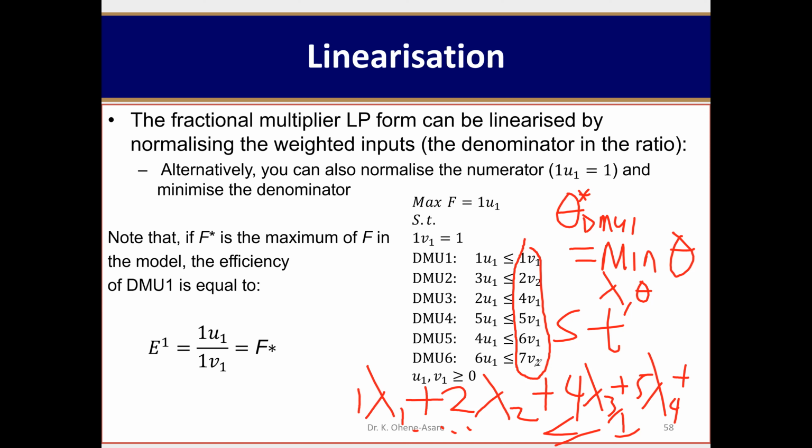But of course, that is the input you are reducing. Remember, this is a linear program and you're going to run it one at a time for each firm. So we are doing it for firm 1. And so for firm 1, because it's the one whose input you are minimizing, the theta must be given to that. So we attach the theta to that very input because we are doing input minimization here.